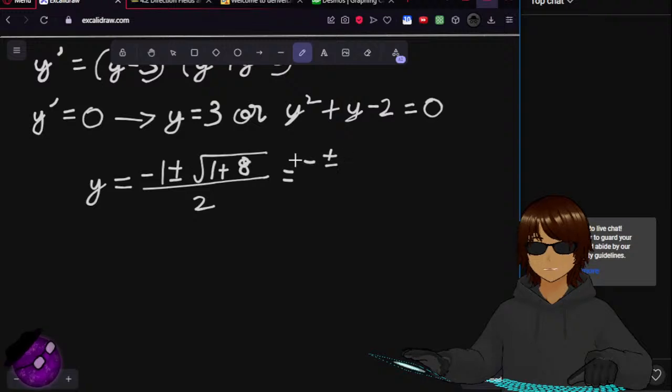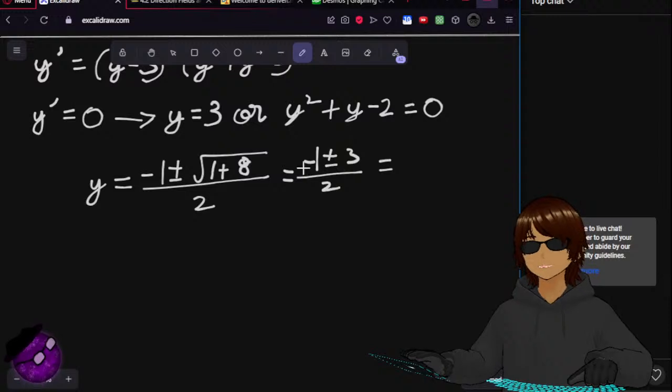Plus minus, this will become 9, 3, which is then -1 plus 3 is 2, minus 1 minus 3 is negative 4.